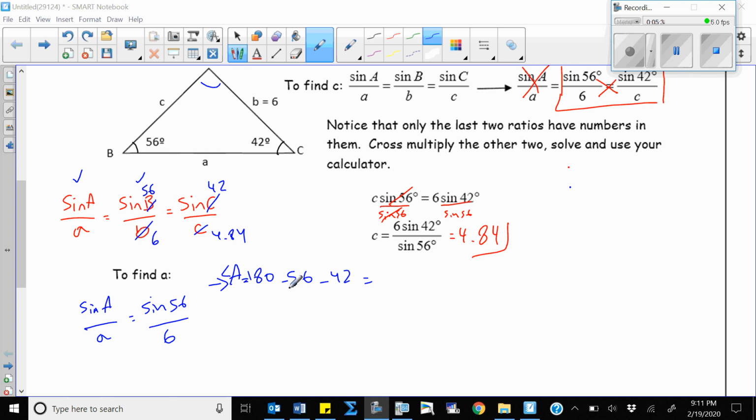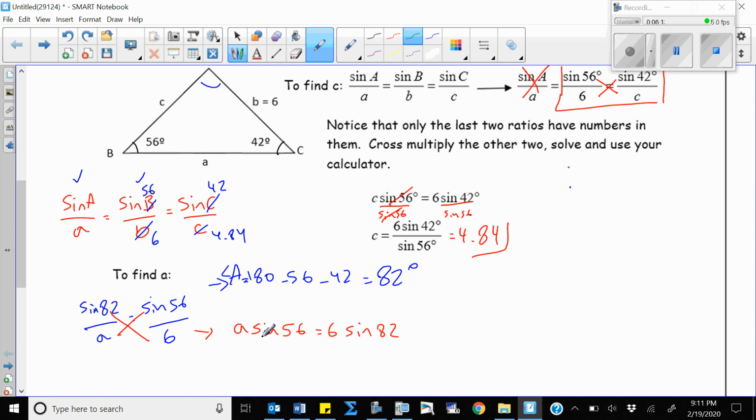So 180 minus 56 minus 42 is 82. This is the measure of angle A. So I can replace that here for angle A, 82. Now I can easily solve for side A. Cross multiply, then A times sine of 56 is equal to 6 times sine of 82.